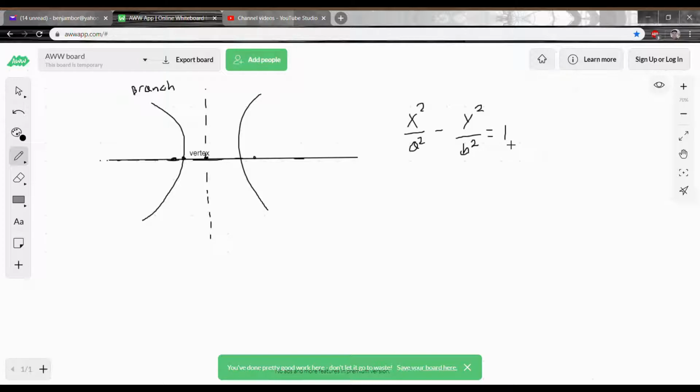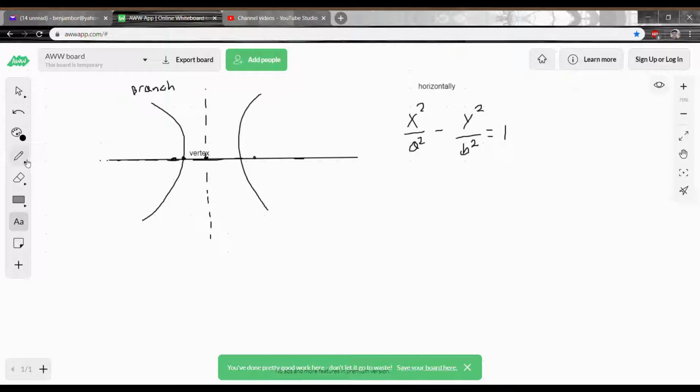You might notice this equation is familiar. It's very similar to the equation for an ellipse. In fact, if we were to make this a plus sign, we have an ellipse equation. But the minus sign tells us that this is a hyperbola that opens horizontally.